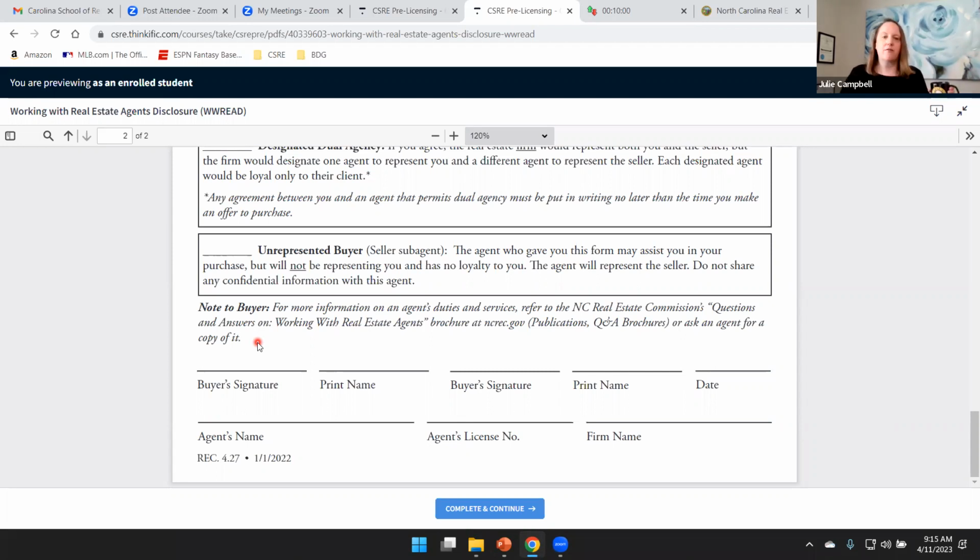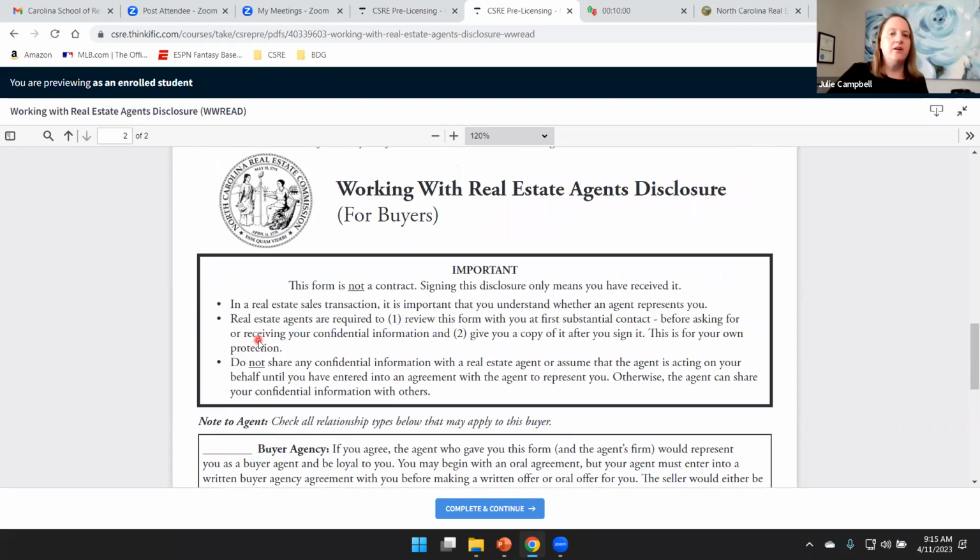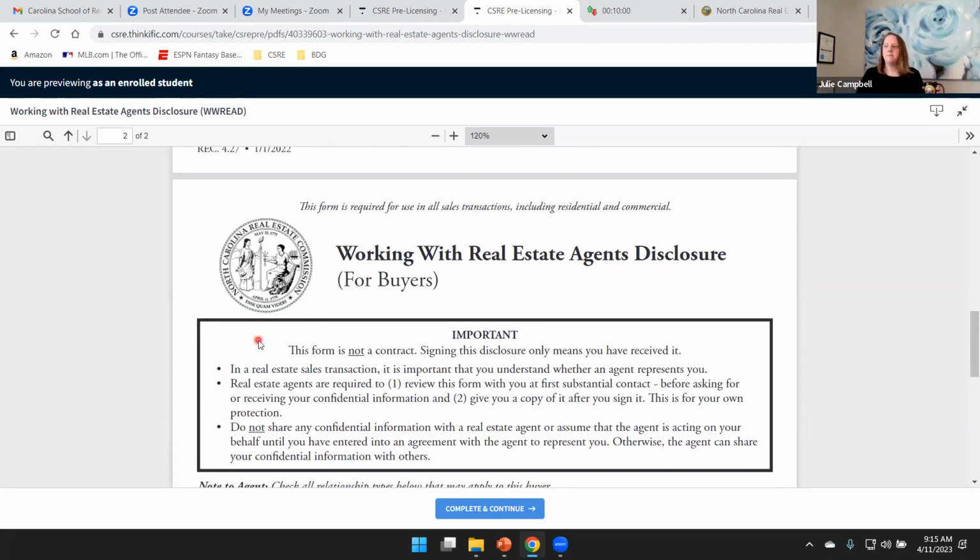If they're not, then we write refused to sign, and then we proceed. We don't have to stop working with them if they don't sign this. We proceed, and in time, we will earn their trust. Maybe we can try to get them to sign later, before they sign the offer to purchase or something, but we want that documentation that we presented it.